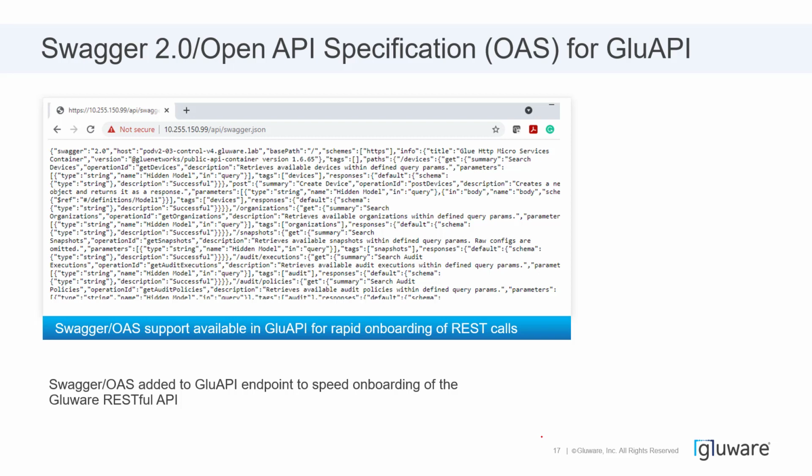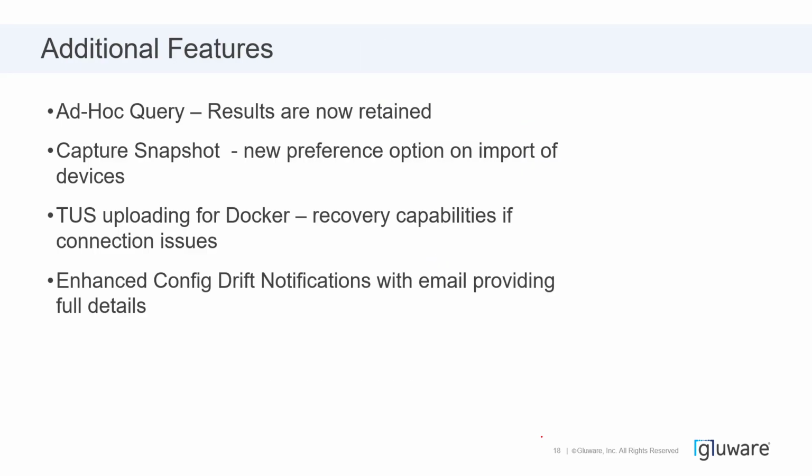If you're automating Gluware via API, you have to make the proper calls to automate. This ability allows you to ingest the data model and very rapidly onboard the API calls, so you could use those REST calls to automate Gluware via API. It's really just an effort around helping customers automate or integrate faster when they're integrating Gluware with external systems.